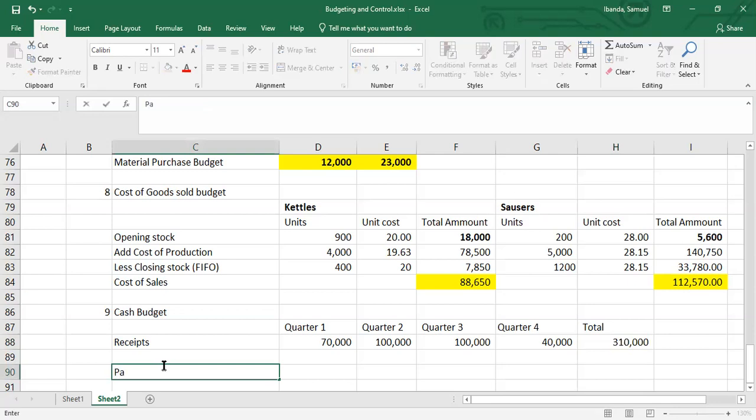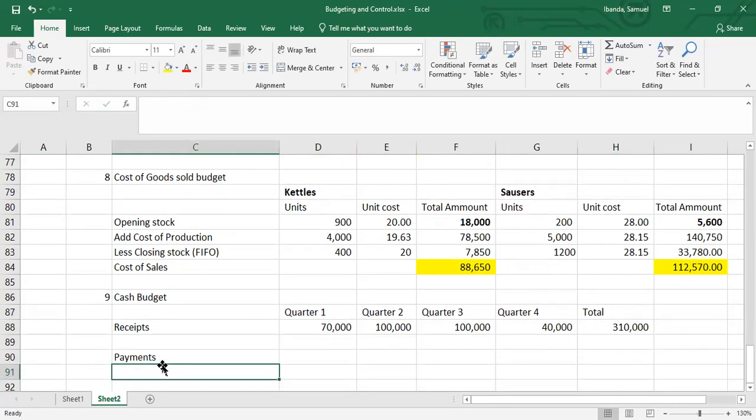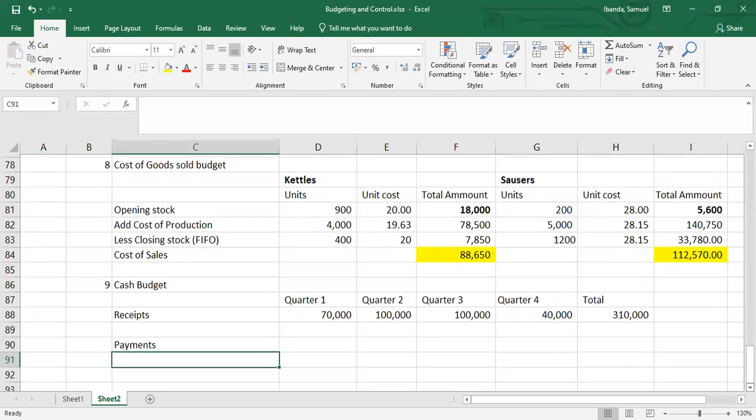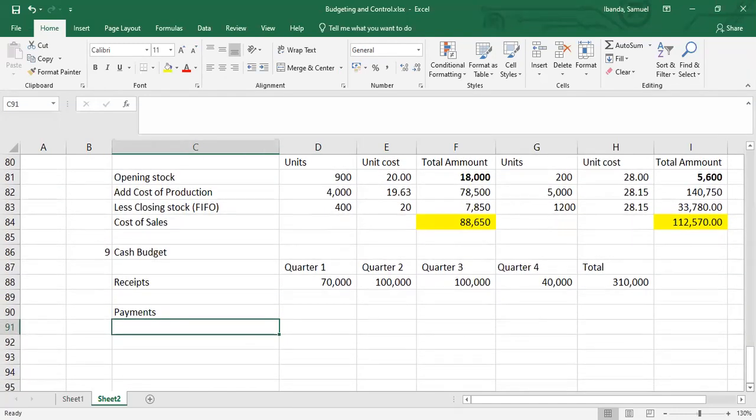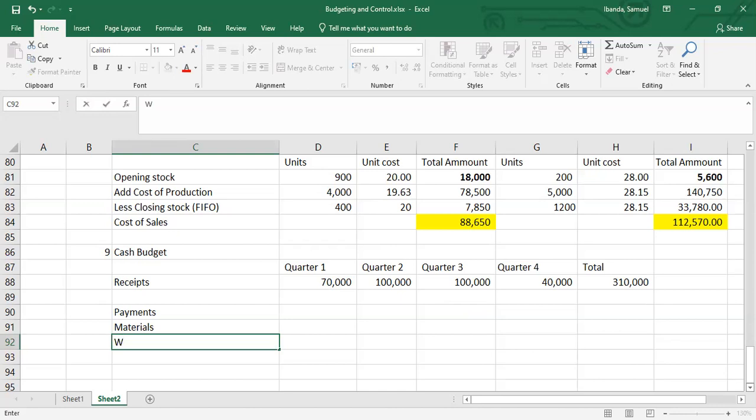So after you've looked at your receipts, yours is to now move to your payments. Part of the payments, we have materials, we have wages, then we have other costs and expenses.